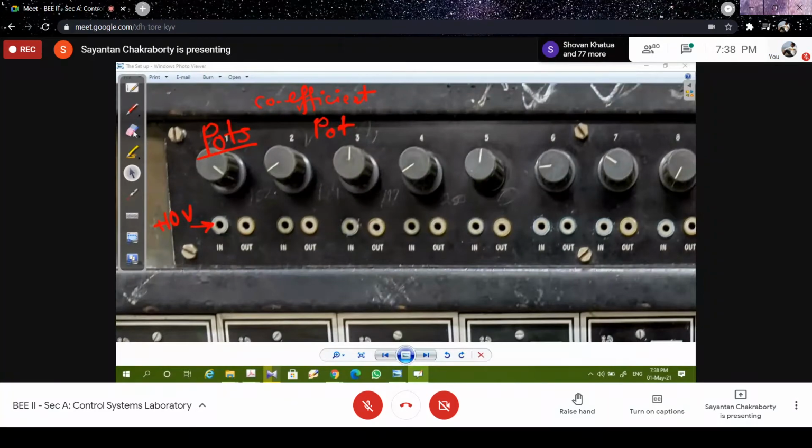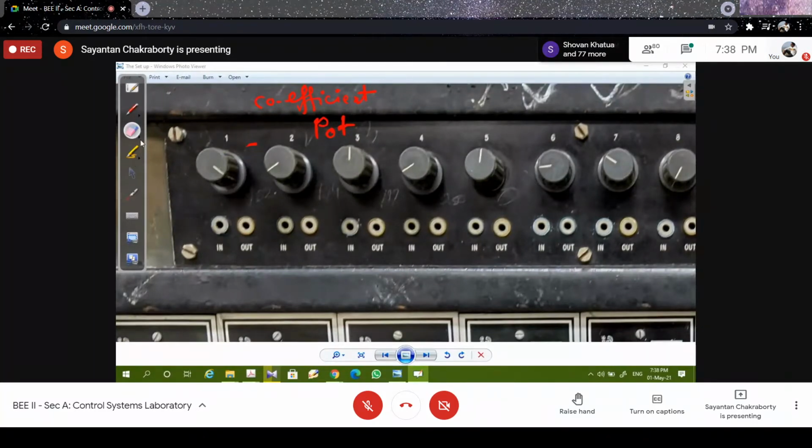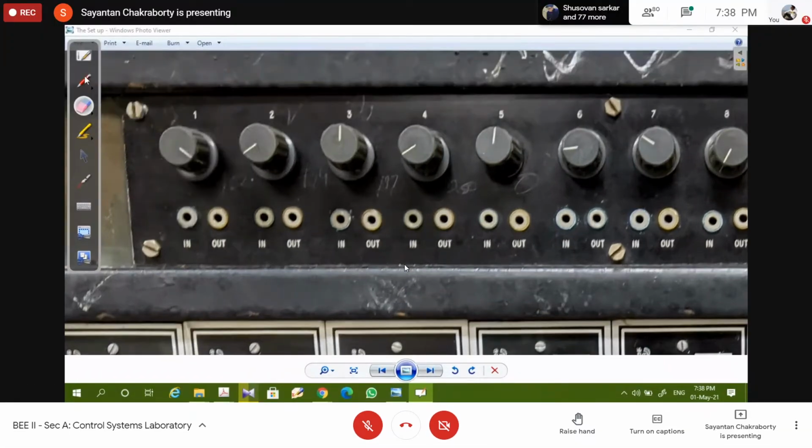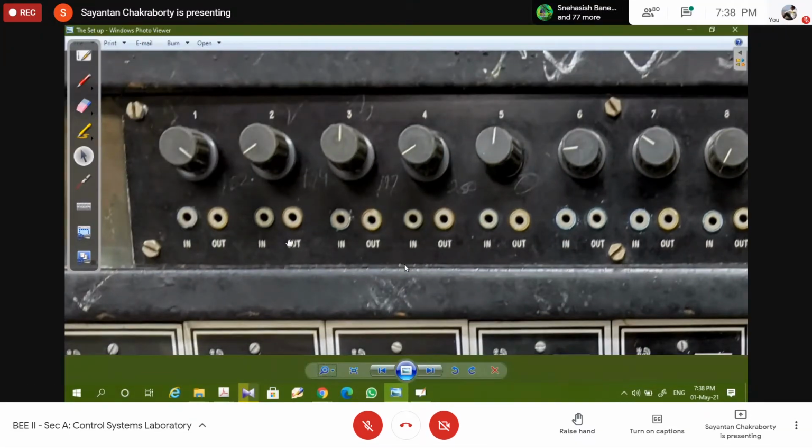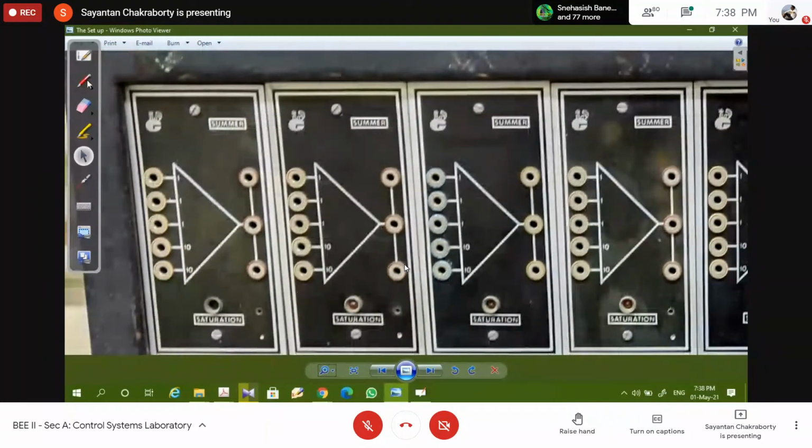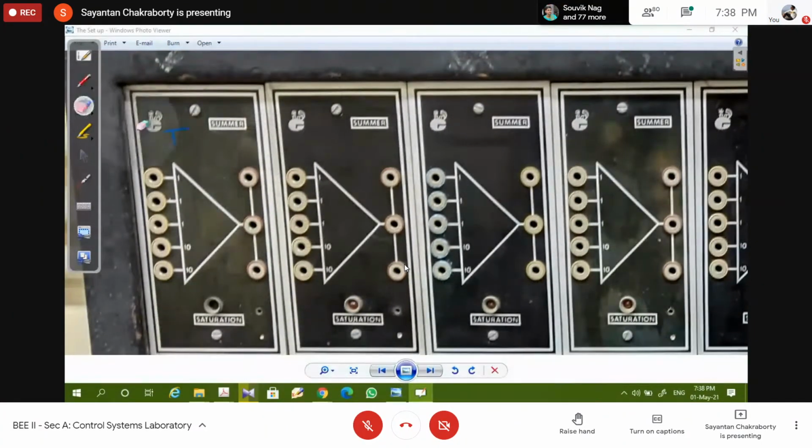We have already seen the gain elements, that is the pot. So you can set different gain values depending upon the linear equation that you are dealing with. Then in the next row, we have these, which are all summer cum inverter, because in your algebraic manipulation, what you need is basically a summation.